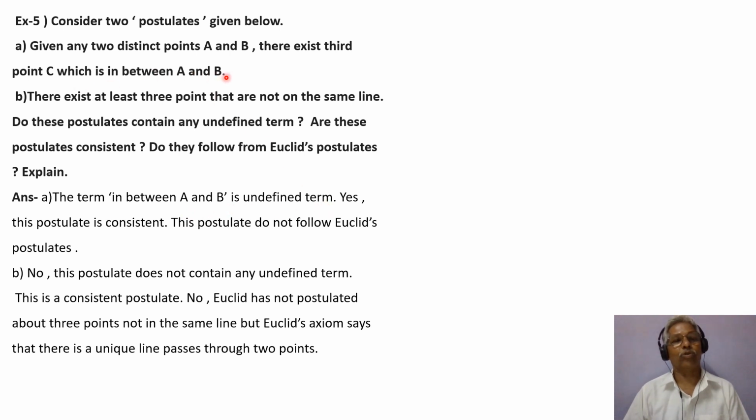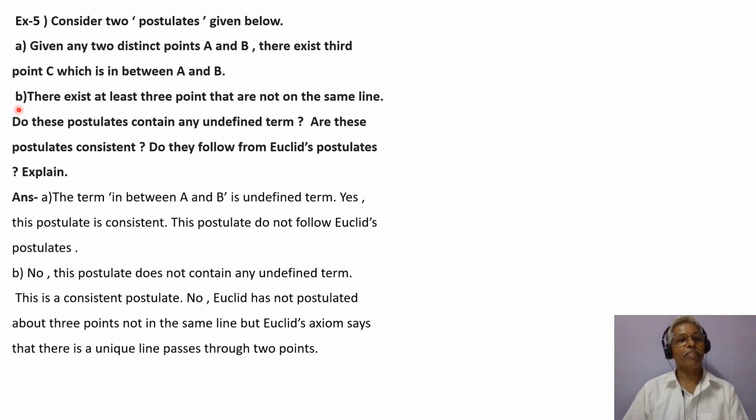This postulate does not explain what is in between A and B. Are these postulates consistent? So yes, this postulate is consistent. And do they follow from Euclid's postulates? I am giving the explanation for this. This postulate does not follow Euclid's postulates. So this is the answer for A.